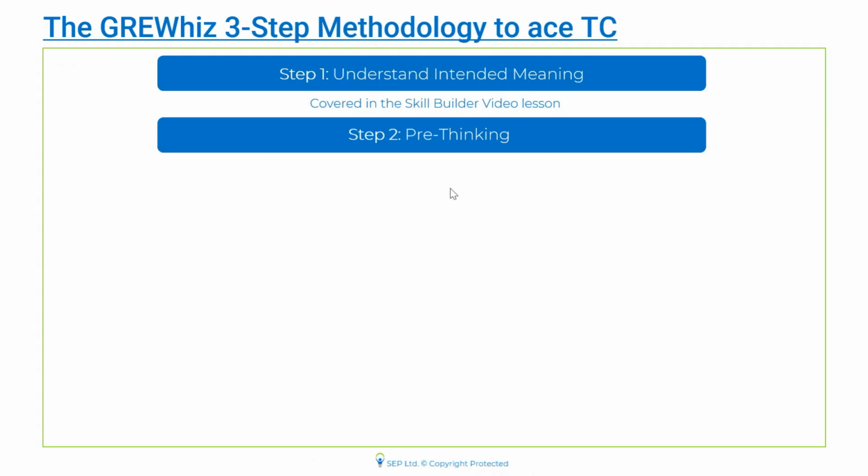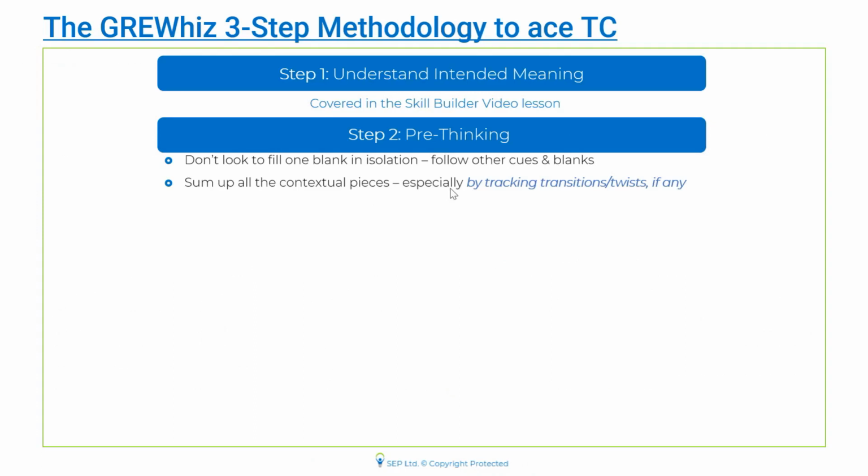Step two is pre-thinking, where we break down the entire thought process for you and we shadow fill the words. Don't try to fill one blank in isolation, okay? Read the entire sentence, look for other cues and blanks, look at the other words used in the sentence, look at the other transition words used, all right? And then you sum up all of these pieces, okay?